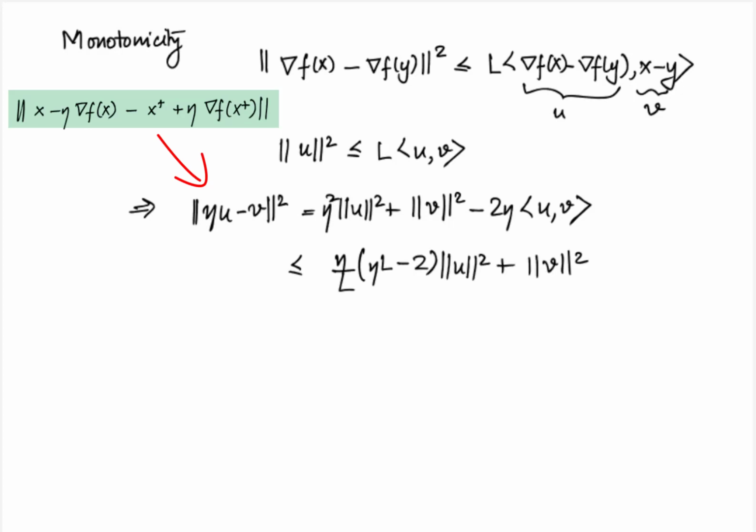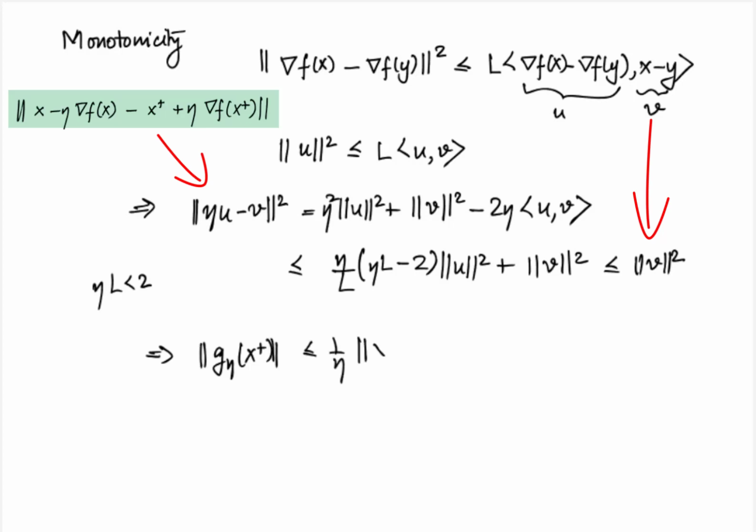So now we just assumed that eta was less than 2 by L. In other words, eta L was less than 2, and therefore the first term here is negative and can be dropped. So this whole thing is less than or equal to norm square of v. We have therefore concluded that the term we had is less than or equal to 1 by eta norm of x minus x plus, which is nothing but norm of g eta of x.